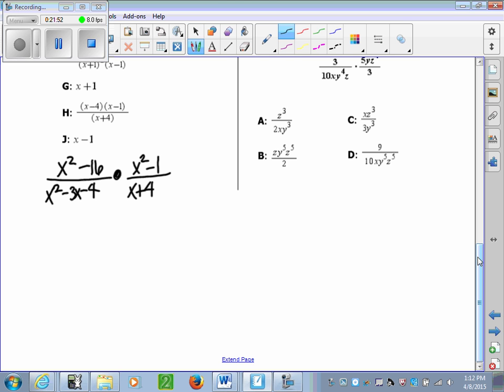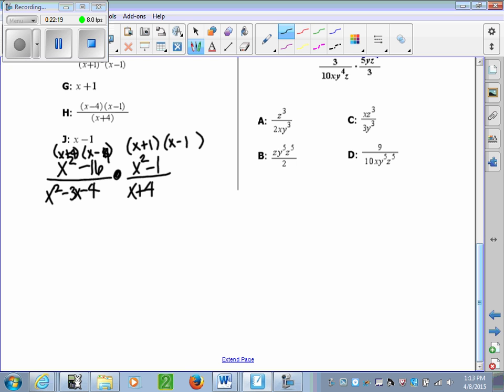So x squared minus 16, I know that's a difference of squares, so I can factor that pretty quickly to x plus 4 and x minus 4. Over here again I have another difference of squares, x squared minus 1, so it's going to give me an x plus 1 and an x minus 1. Square root of 1 gave me my two 1s. X squared gave me my two x's. Difference of squares is always one plus and one minus in my factors.